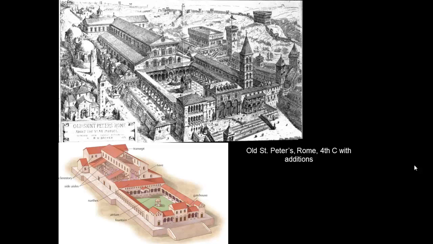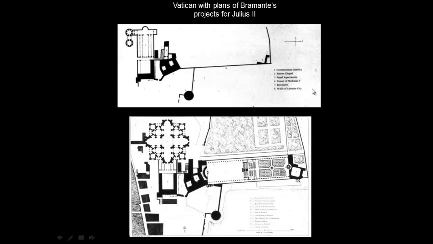But during the late 15th and early 16th century, we see the popes becoming very interested in rebuilding the structure that was about to fall down. On top here, I'm showing you what the Vatican looked like prior to Bramante being called to Rome by Pope Julius II. Julius II is a name you should memorize now because he becomes a very important patron for lots and lots of artists living at this time, including Michelangelo and Raphael, which we'll talk about in the future.